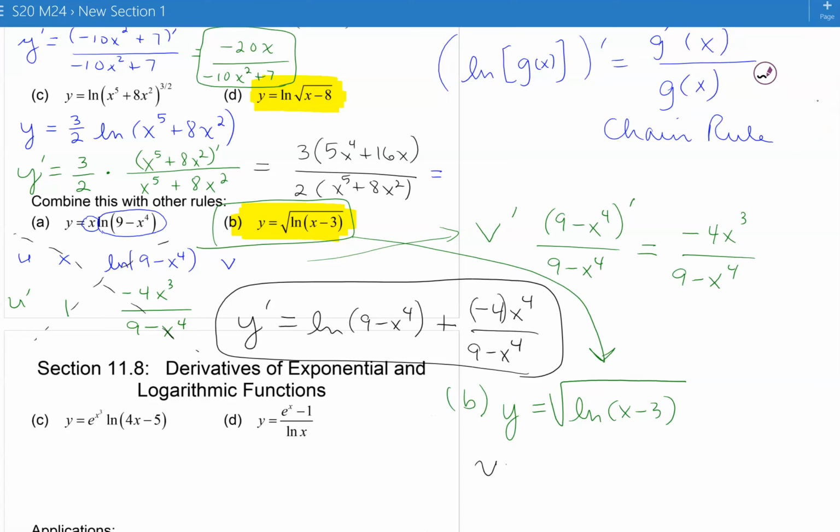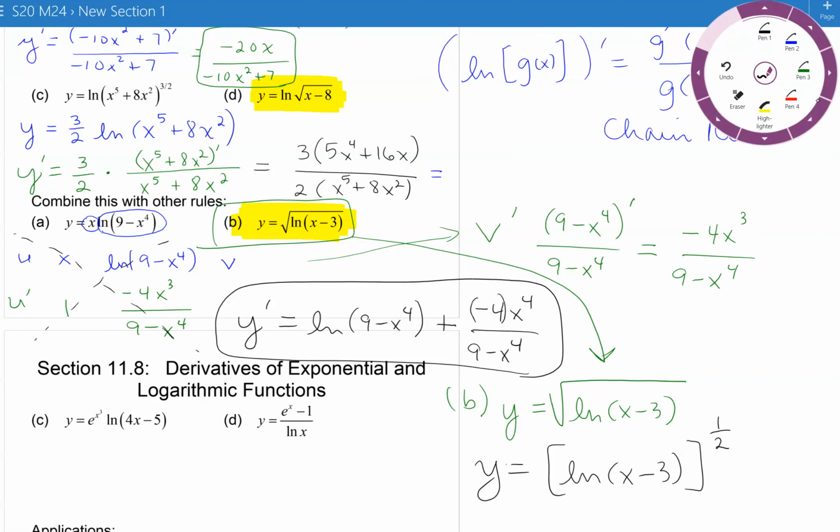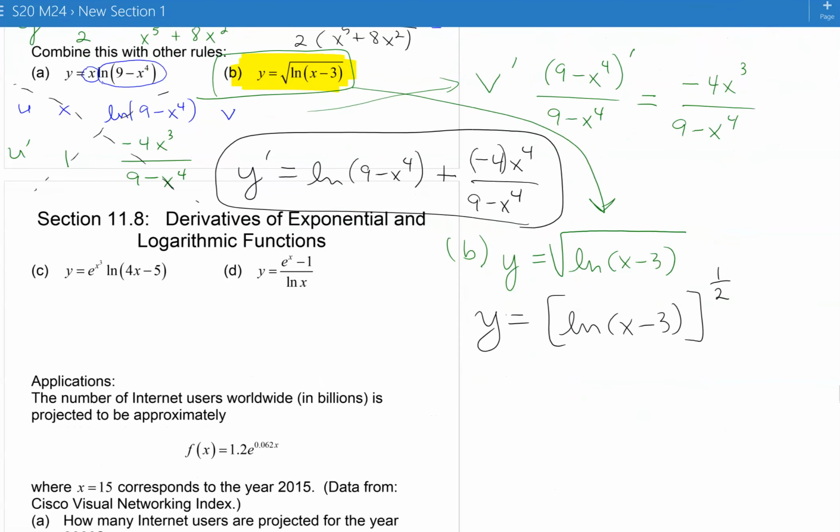So I can rewrite this example as the natural log of x minus 3, that whole thing, to the power of 1/2. The exponent can't come down in the front unless it's on the argument, and it's not here. So we're going to need to use the chain rule.